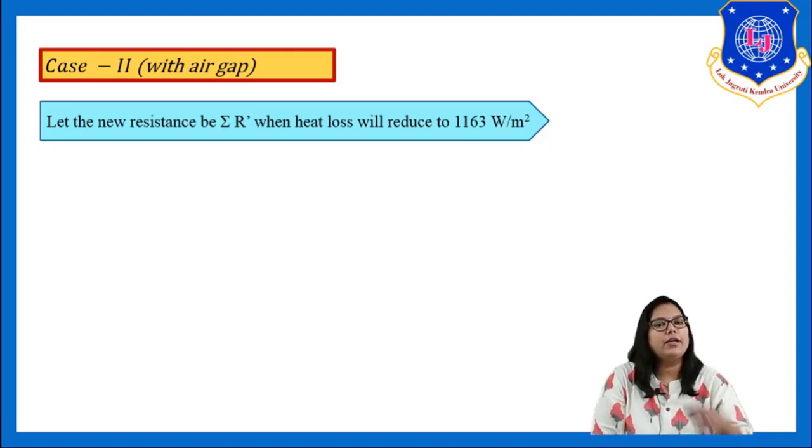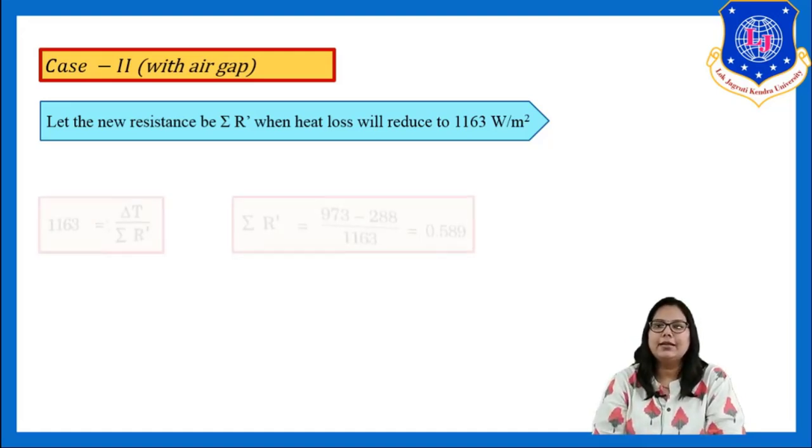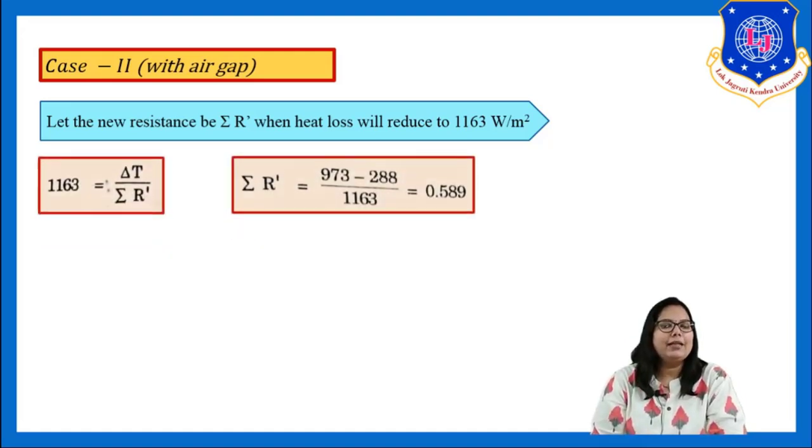In summation R dash we have to consider 4 materials: steel metal, magnesite brick, silica brick and air gap. So we first calculate the new summation R, denoted by summation R dash. Here the Q value is known, which is 1163, so 1163 is equal to delta T by summation R dash.